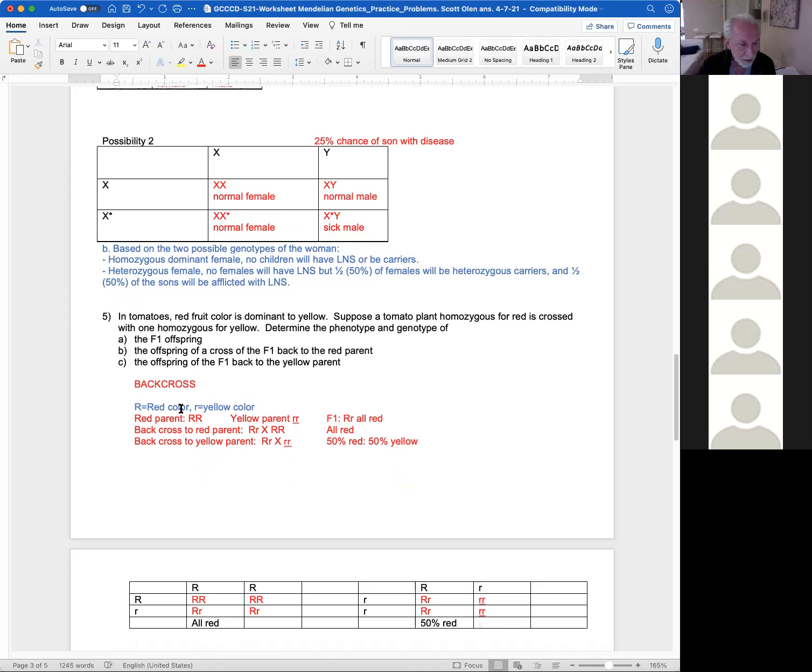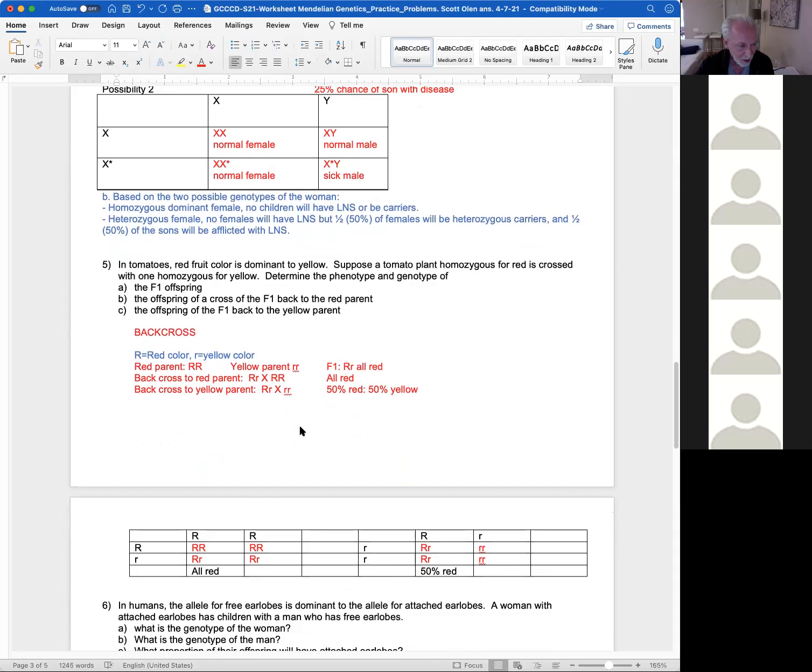So we know that red is homozygous and red is dominant. So the red parent is big R, big R. The yellow parent is little r. And the F1 is all heterozygotes, all red.